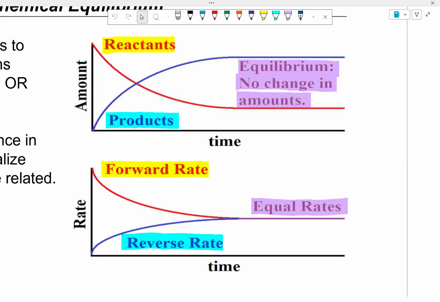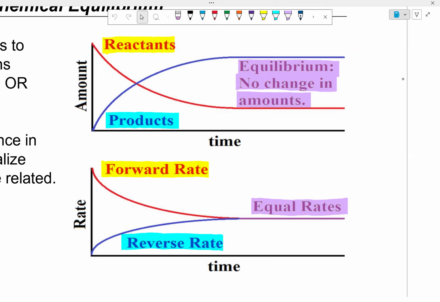And when equilibrium is reached, you have equal rates. Now, we talked about this last day, and hopefully you were able to watch the videos in the description box below in last day's lesson to illustrate the idea of equal rates using water being transferred from one beaker or one container to another.